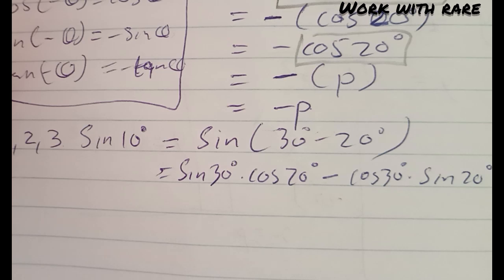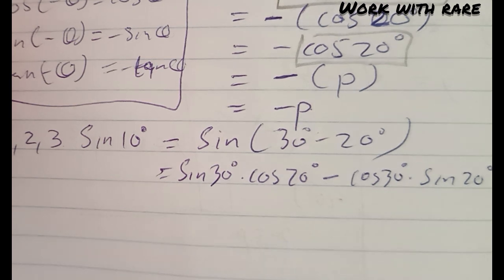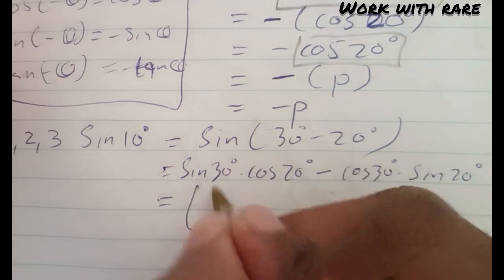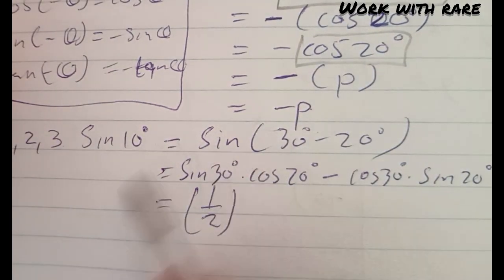Like I said, 30 is a special angle, so you can press on your calculator and test the value of sine 30. It's half, which is 1 over 2. I put this in brackets because that means multiply, so I don't want to make confusion. So I better make brackets.